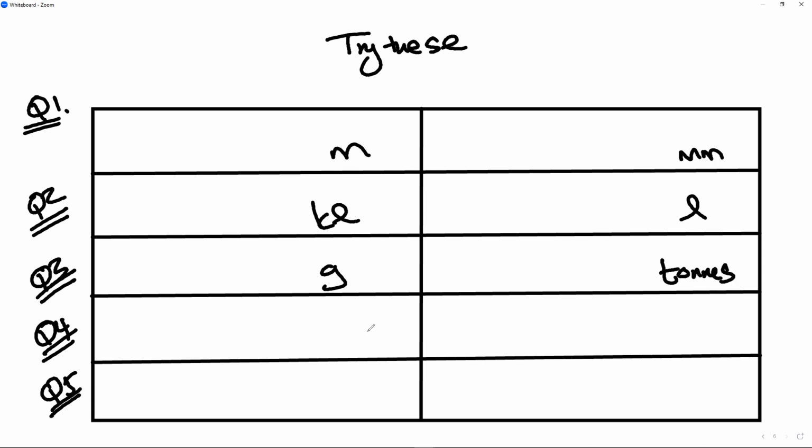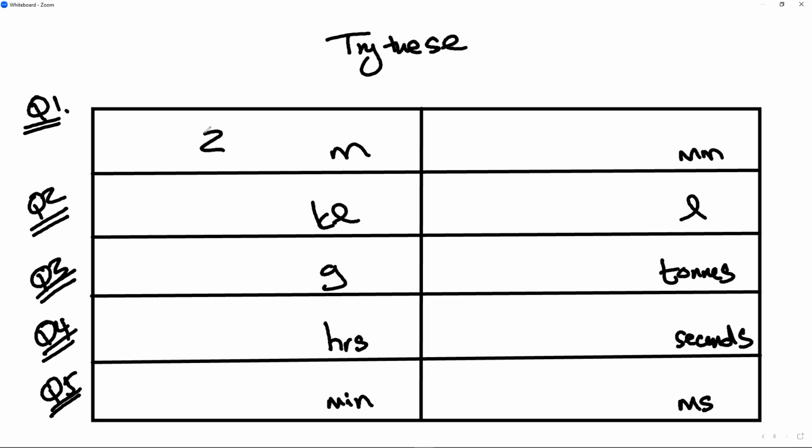And then moving on to a little bit of time, I want to get some hours into seconds and minutes into milliseconds. MS for milliseconds.